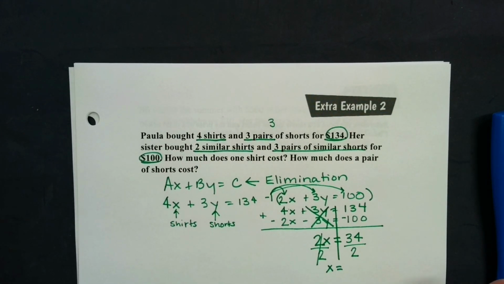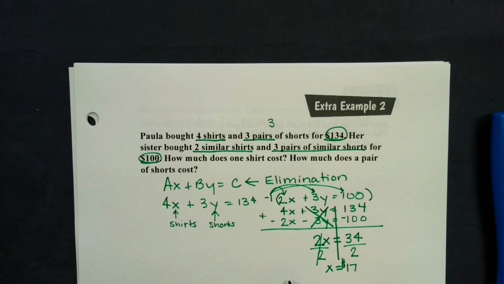So how much is one shirt? So there's my shirt. What about now my shorts? What should I do? Does it matter which equation I put it back in for? No. So 2 times 17 is 34.